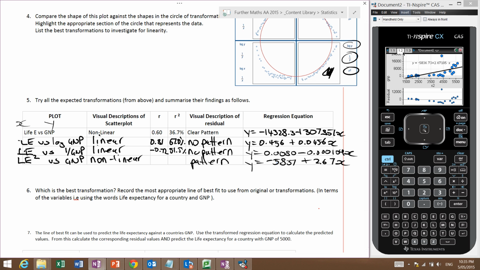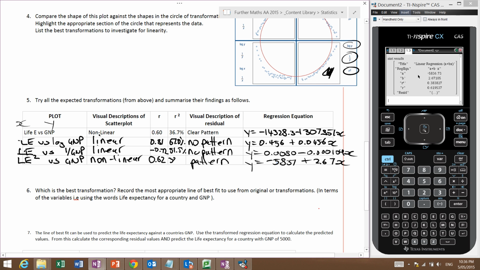So, hang on, and then I'll do a Control I, add calc, variable, scroll down to stat results, go enter, and that's going to give me R of 0.62 and an R squared of 38.4%.